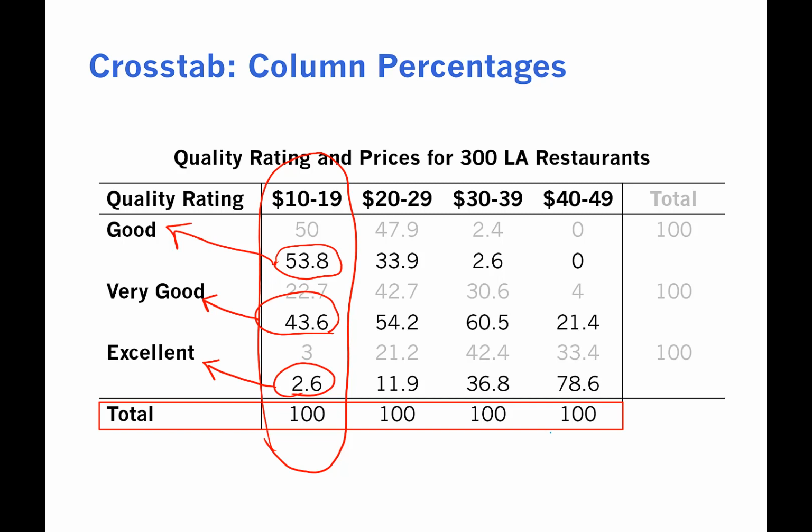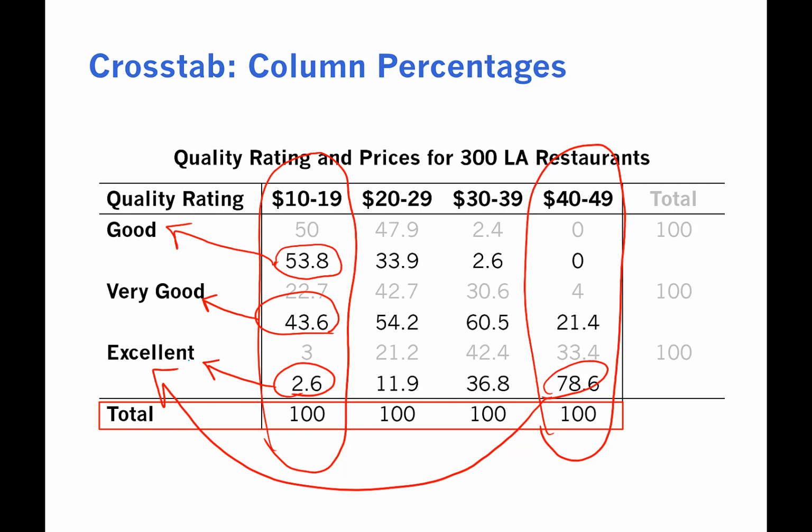Or you can say among those in the price range of 40 to 49, 78% of them are rated excellent, whereas none of them are rated good. So again, this in some sense tells you there is a positive relationship between quality rating and prices.